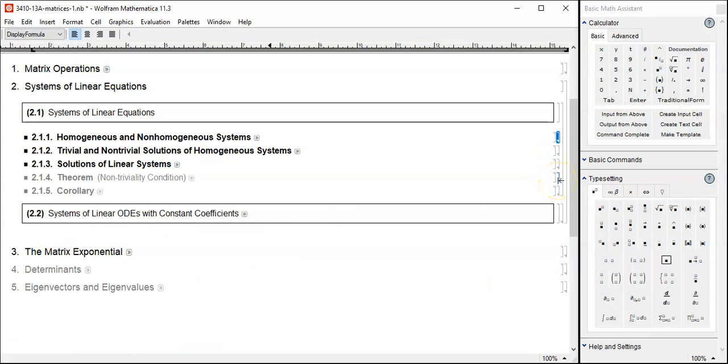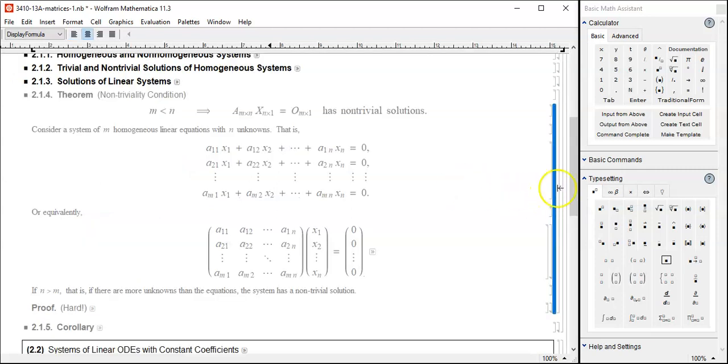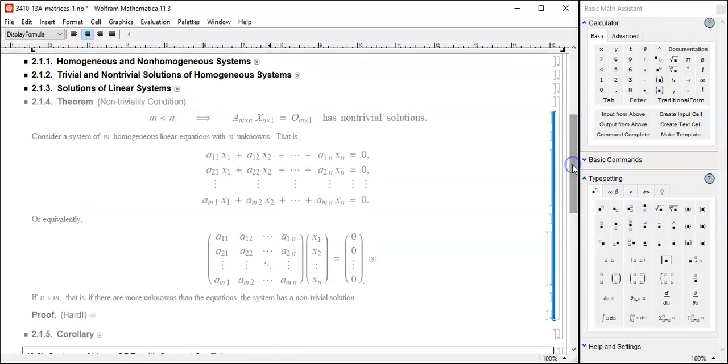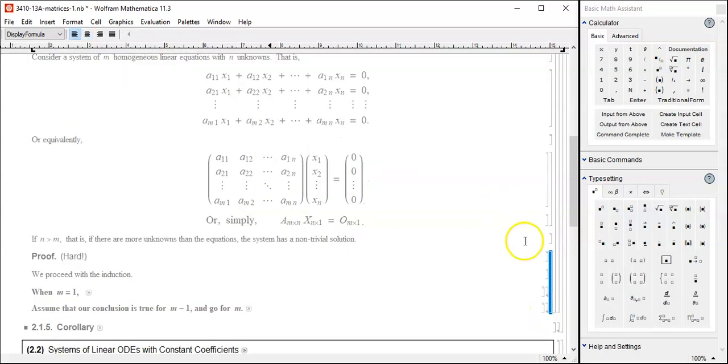Well, there's a nice theorem here. If there are more unknowns than the number of equations, then the system of linear equations cannot have a unique solution. The solutions are not unique, so there is more than one solution. Consequently, there are infinitely many. And this theorem is actually really significant and really hard to prove.